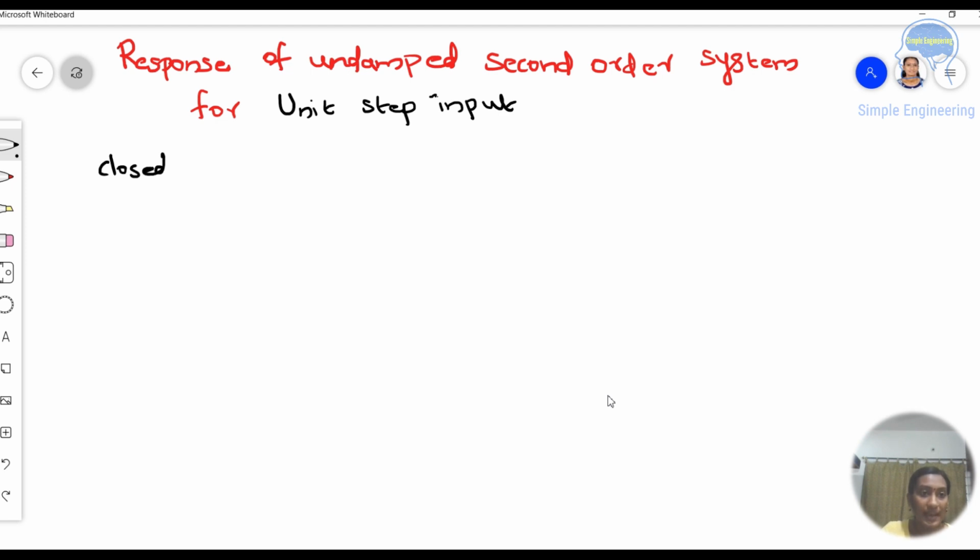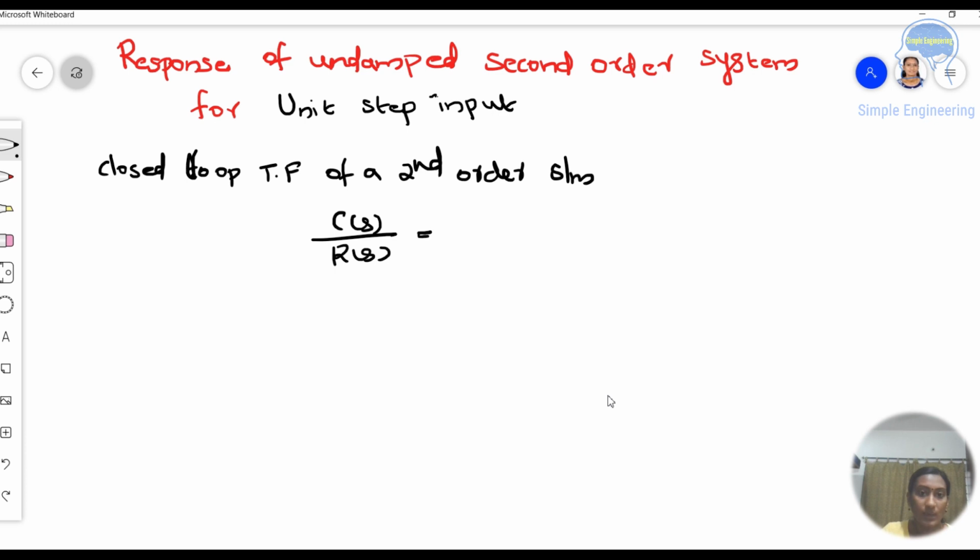The closed loop transfer function is denoted as C(S)/R(S) = omega n square / (S square + 2 zeta omega n S + omega n square). This is the standard form of the closed loop transfer function. You have to remember this, then only we can solve this response.